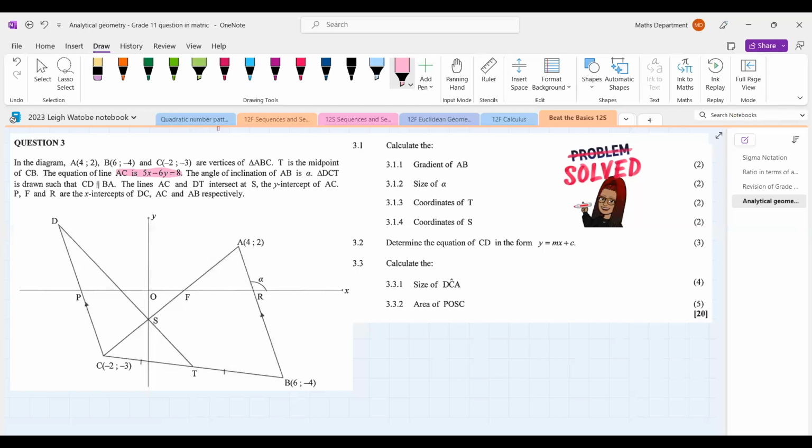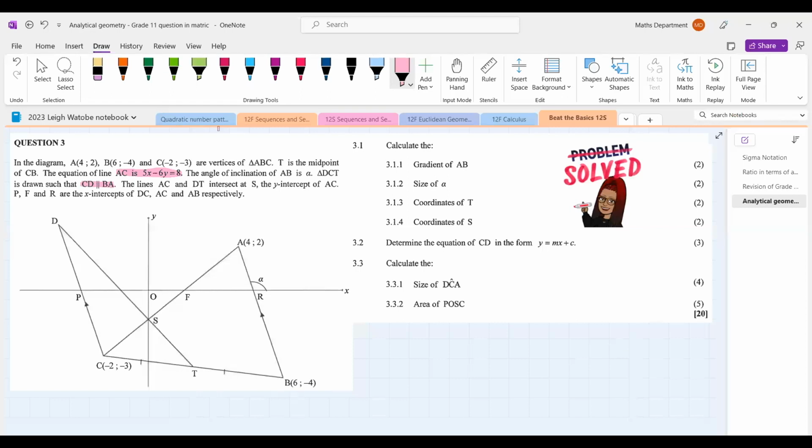The angle of inclination of AB is alpha, so that's over here. Triangle DCT, so triangle DCT is over here on the left-hand side, is drawn such that CD is parallel to BA. We've got one pair of parallel lines.